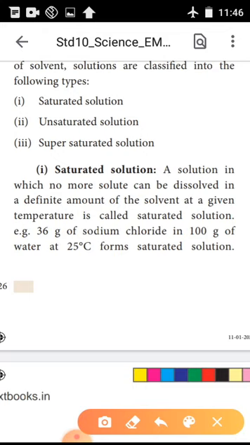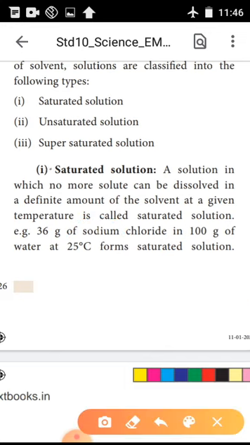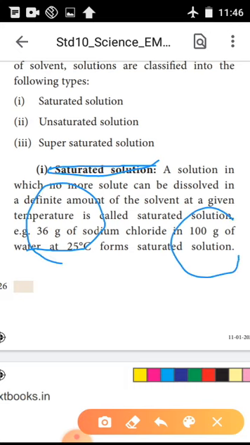And you know the conditions, one is pressure, another one is temperature. Here they are giving the temperature as 25 degrees Celsius. So if you are preparing a saturated solution, you need 36 gram of solute and 100 gram of solvent.